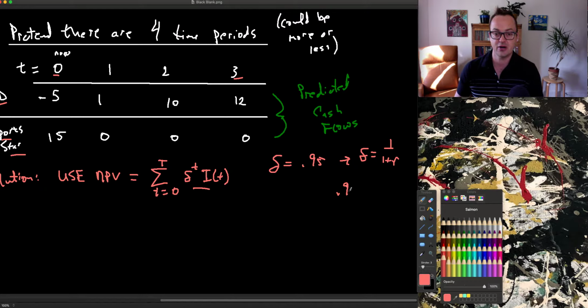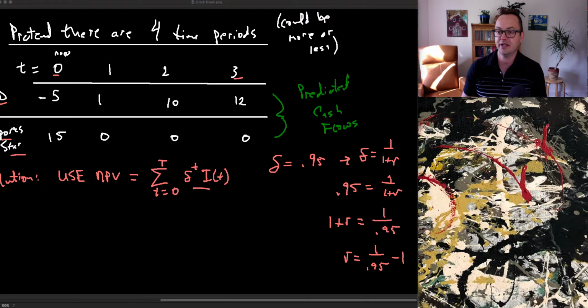Our factor is 0.95. It's equal to 1 over 1 plus r. If I do some cross multiplying here, I'll get 1 plus r is equal to 1 over 0.95, or r is equal to 1 over 0.95 minus 1.